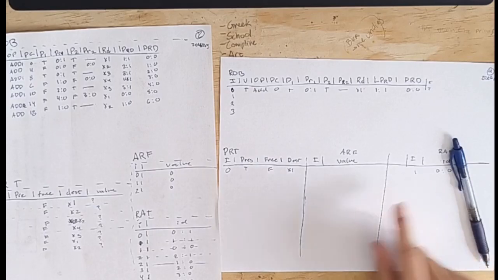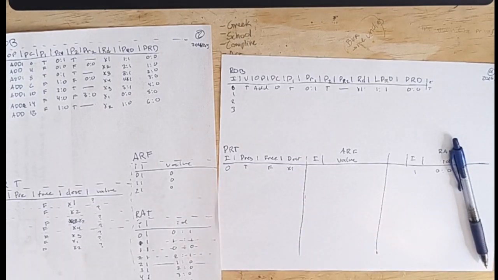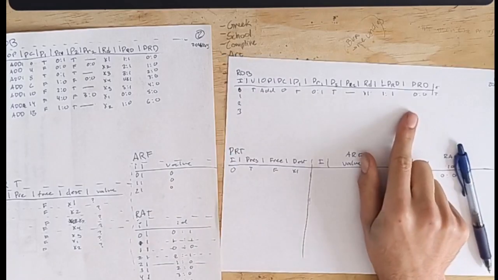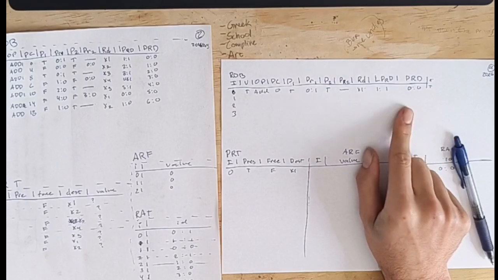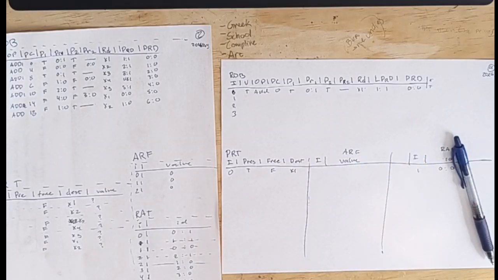Yes. Which means that this will not be free. We can use it, right? Our current value may still be referenced by other things. So we're going to keep it inside of the PRT, even though its value is going to be present, right?